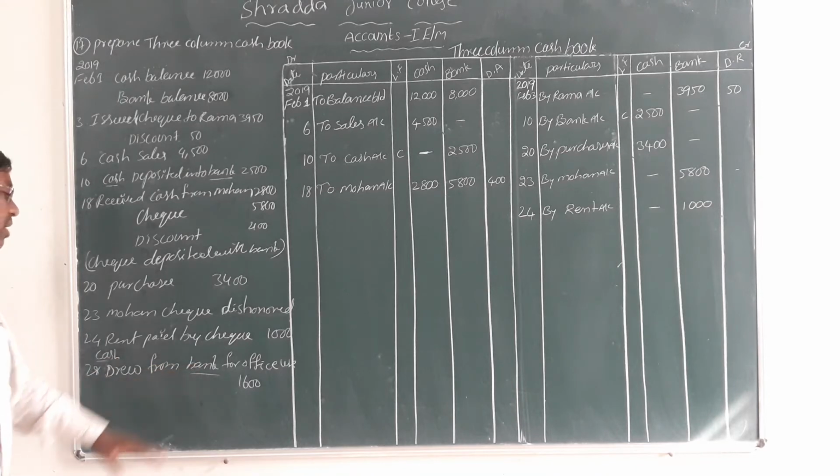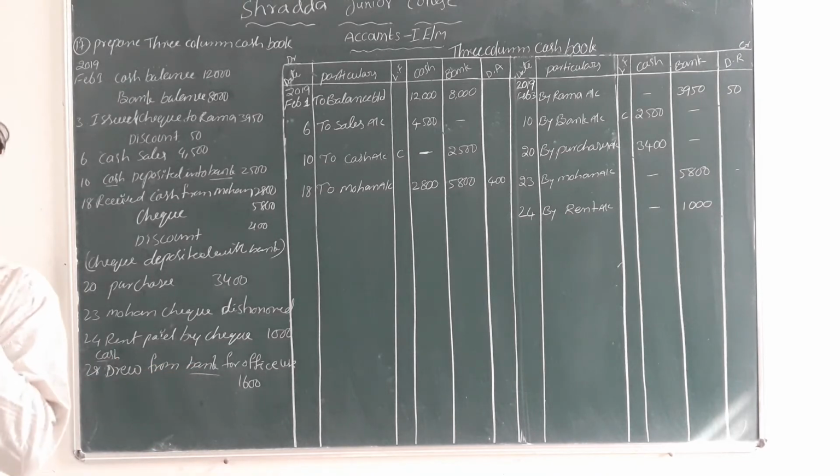Draw cash from bank for office use. What we can draw here? Cash we can draw. It is not given, but just think what we can draw? Cash we can draw now. So that amount we draw from bank. Which purpose? Office purpose. It is not personal use, friends. We draw for office purpose.